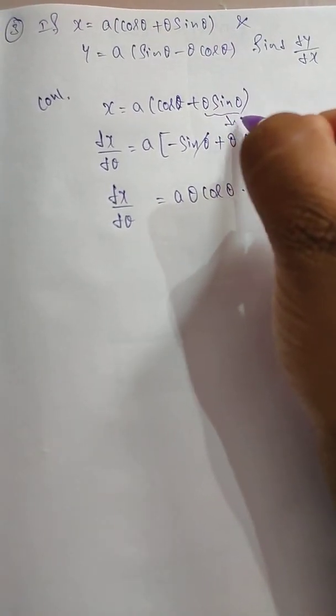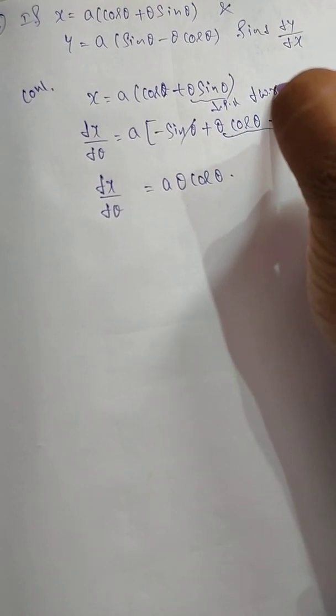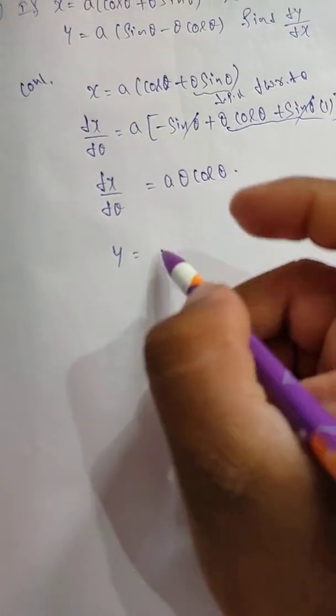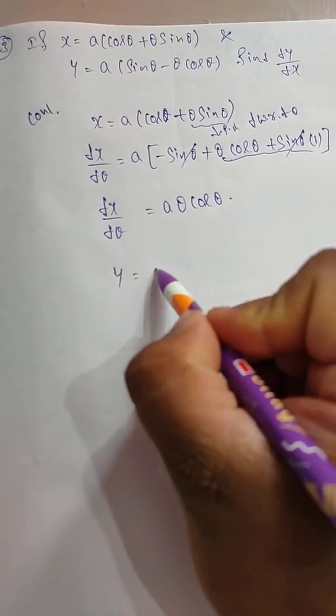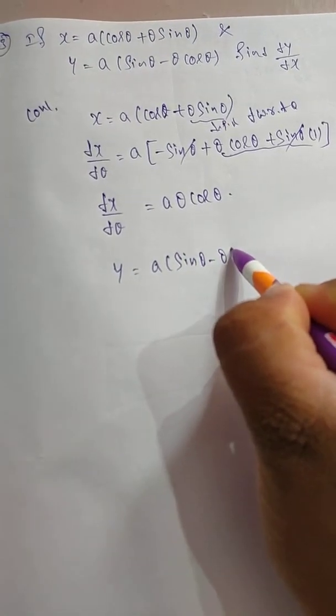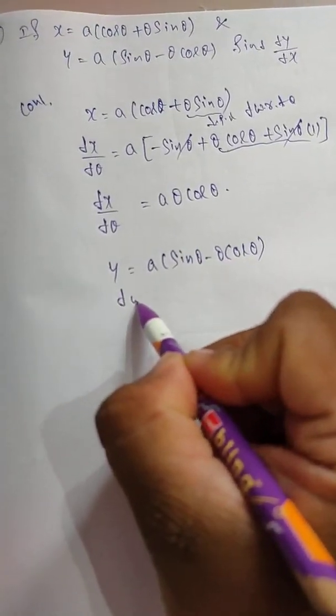So here we applied the product rule of differentiation. Is it clear? So we differentiated with respect to theta. Now y is equal to a into sin theta minus theta cos theta. Now differentiate with respect to theta.